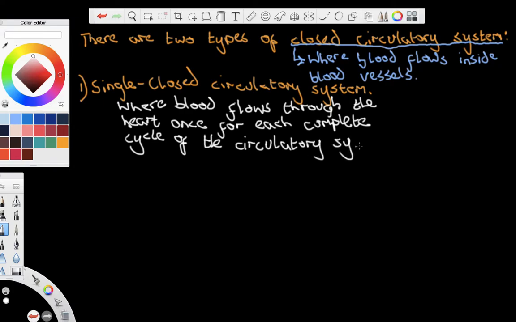Okay, so we've said that a single closed circulatory system is where blood flows through the heart once for each complete cycle of the circulatory system.